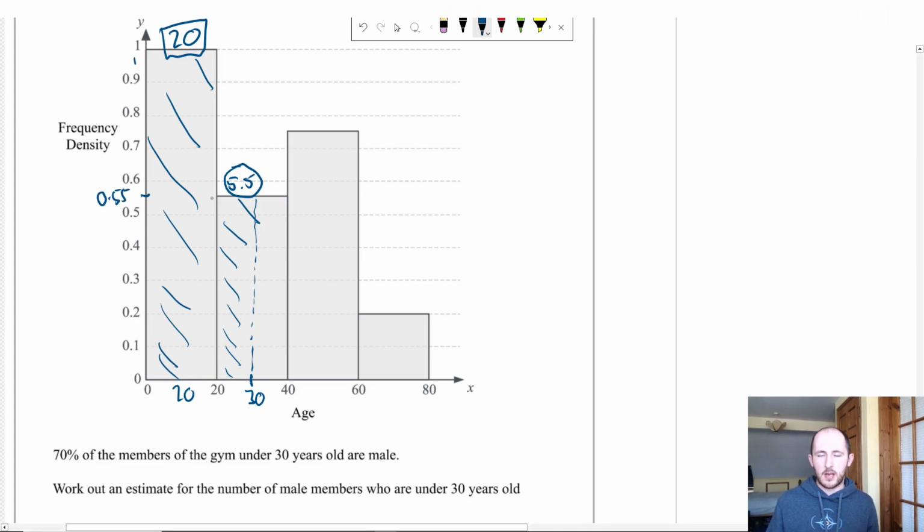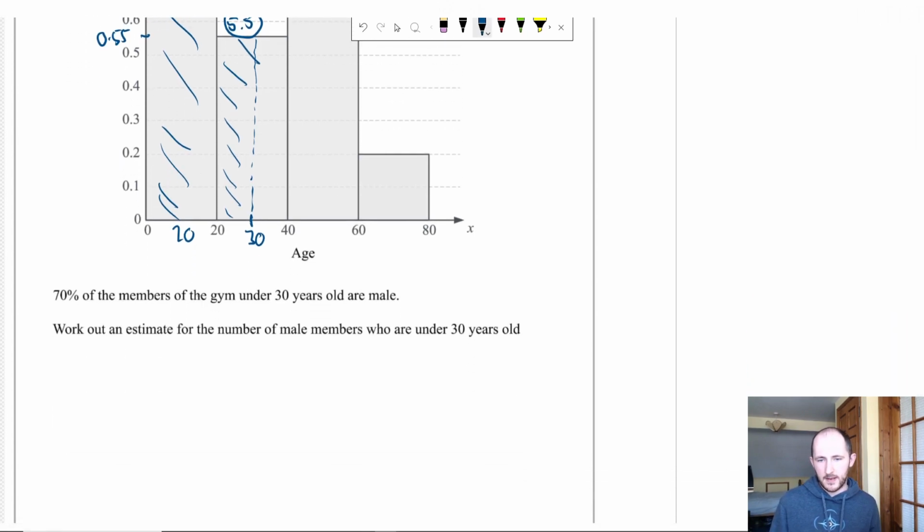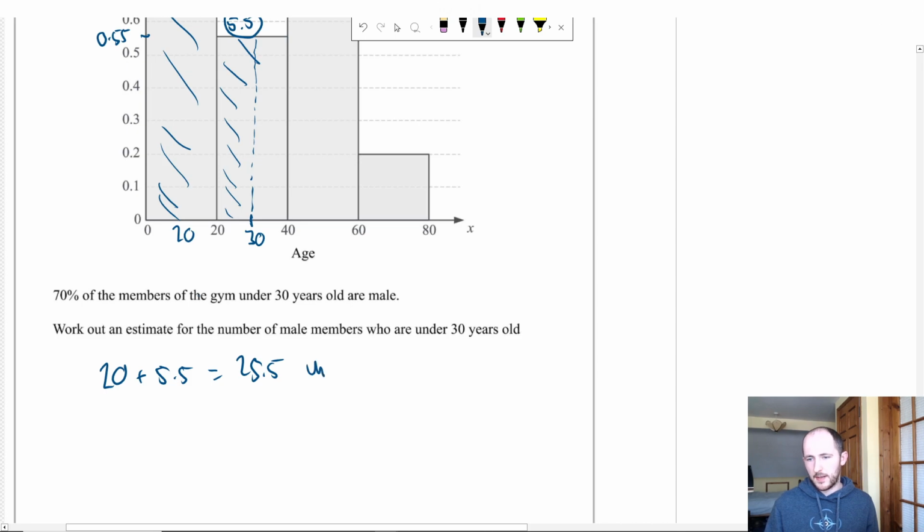So in total, we have 20 plus 5.5 equals 25.5 under 30-year-olds. So that's men and women. Now for men, we're going to take 70% of that number. So 70% of means times 25.5.